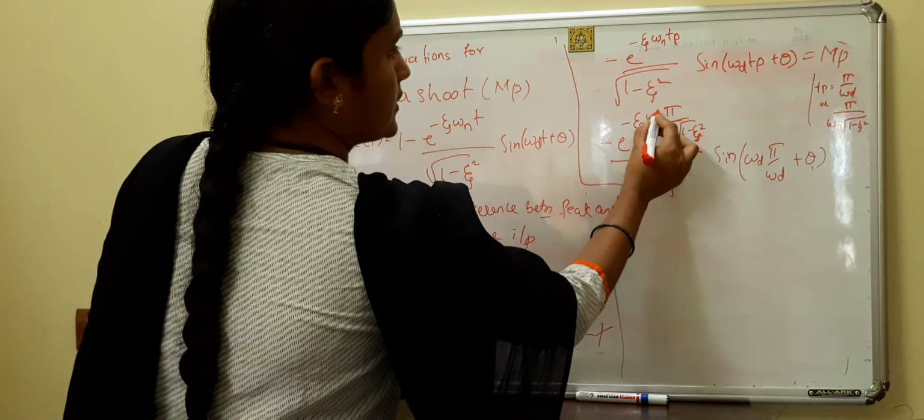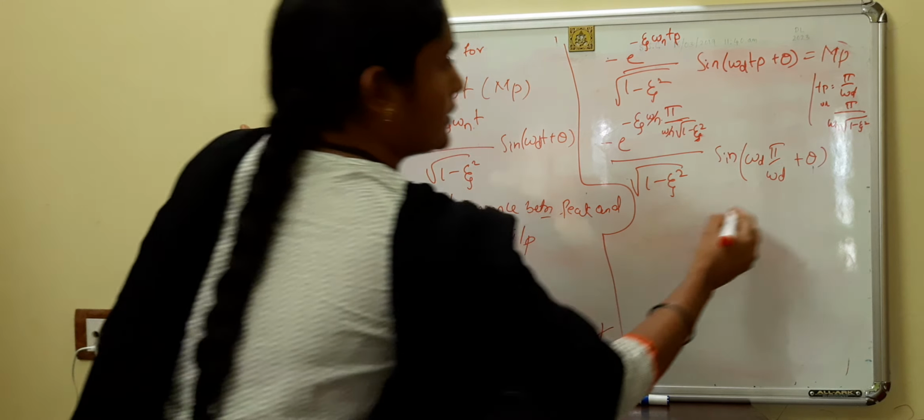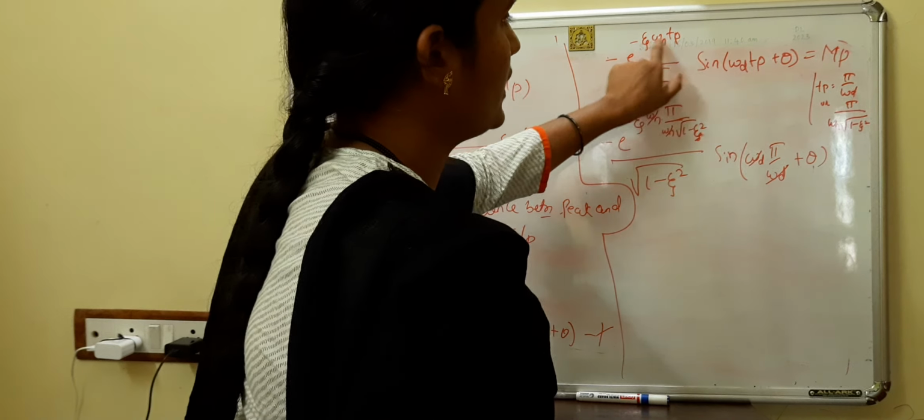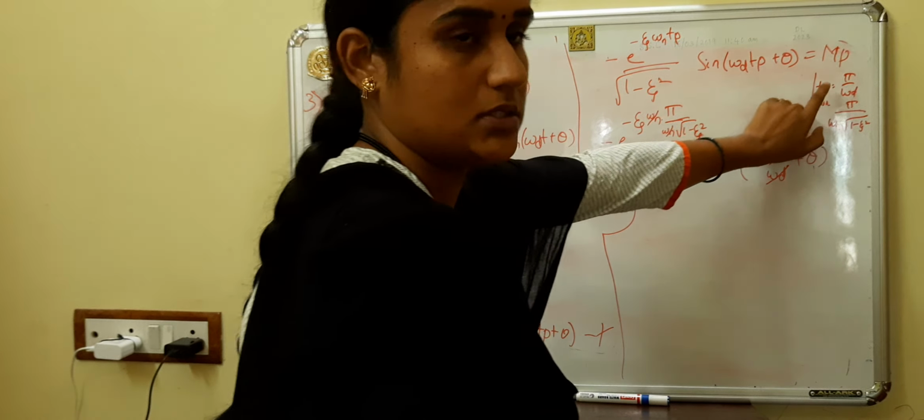This omega n and this omega n will cancel, and this omega d becomes cancelled. We are substituting in the place of omega n and omega d, using tp is equal to this.